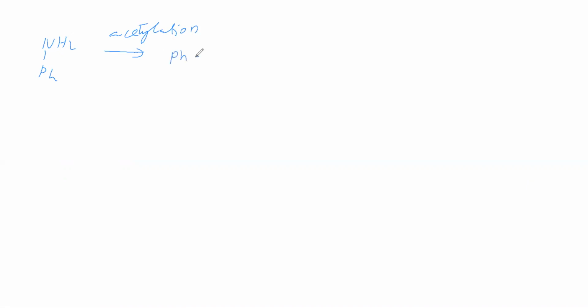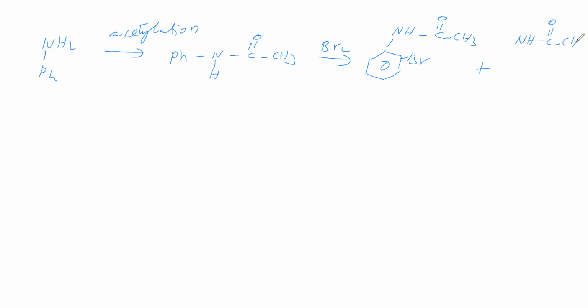So we will get NHCOCH3 like this. Now this is taken for halogenation. At the ortho position halogenation takes place, or otherwise at the para position halogenation is possible.